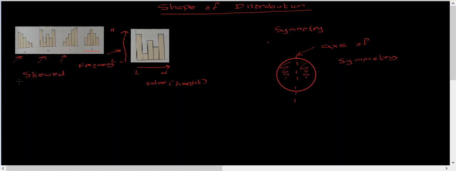It's not symmetrical. If we take D, for example, D is symmetrical. There's symmetry there. One side of the data has the same shape as the other, whereas histogram A, histogram B, and histogram C are all skewed.